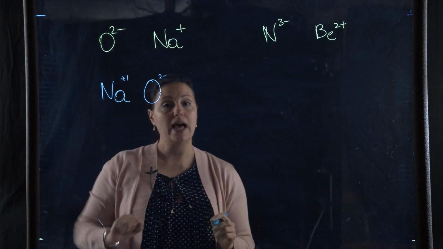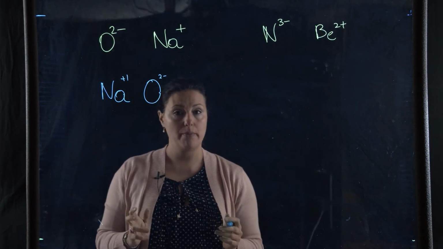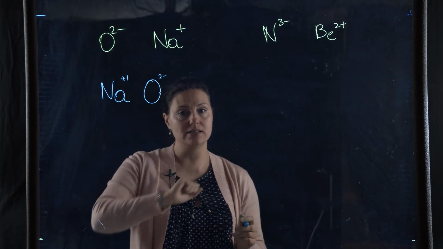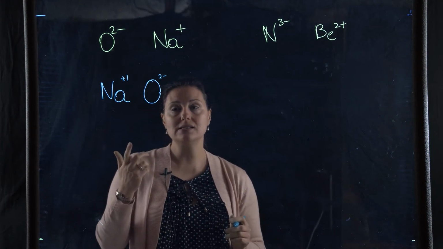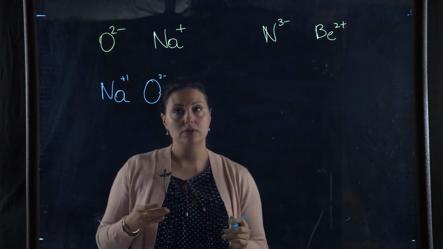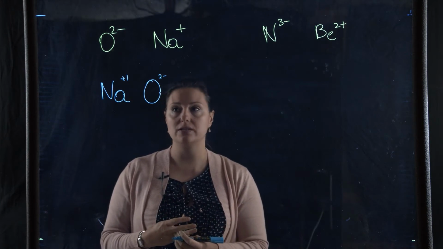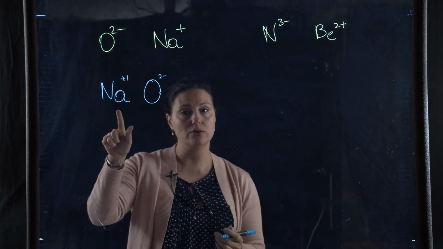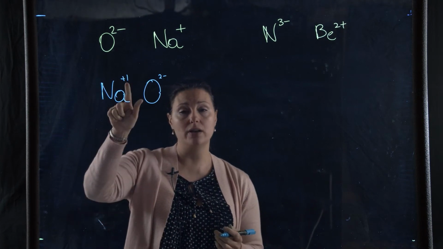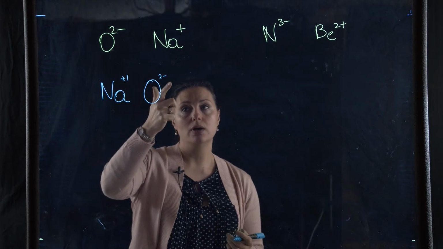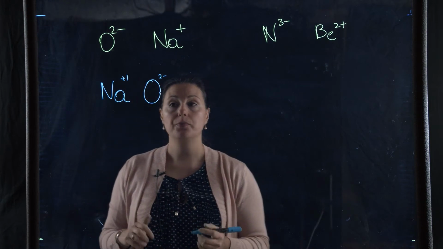Therefore, this is not a neutral compound the way it's written because I have an excess negative charge. To make the positive and negative charges cancel each other, I need an extra sodium ion, an extra +1 to make it a +2. +2 - 2 gives me 0.